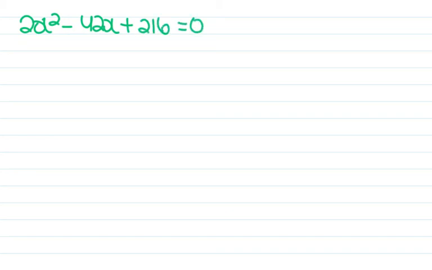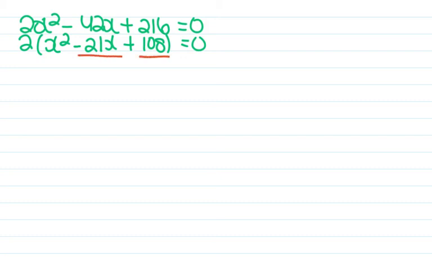So the first thing I do when I'm factoring is I always check for a common factor. In this situation, I could take out a 2. So I have x squared minus 21x plus 108 equals 0. And now I just need to factor the bracket. So I need two numbers that multiply to 108 and add to negative 21. So to multiply to 108, I could do negative 12 times negative 9, which is what I'll do.